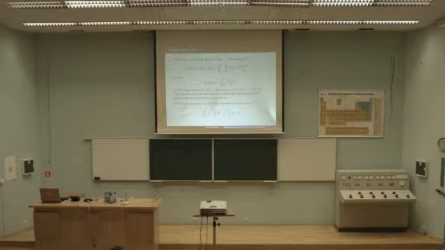And then for Gaussian perturbations, all the statistical information about the perturbations is contained in the two-point correlation function. So this is all that we need to know about the random field that we study.